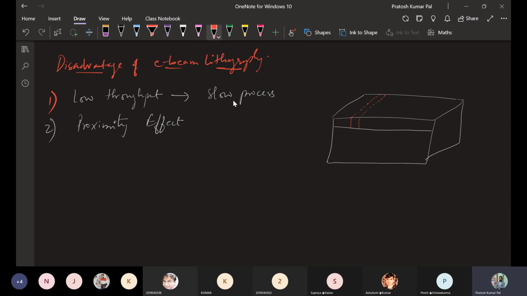This is the selected region that needs to be exposed with the e-beam, and another selected region is, suppose, this one. And we are exposing it with the e-beam source.